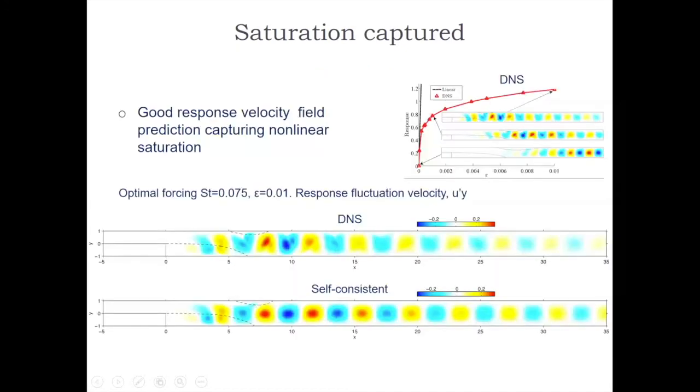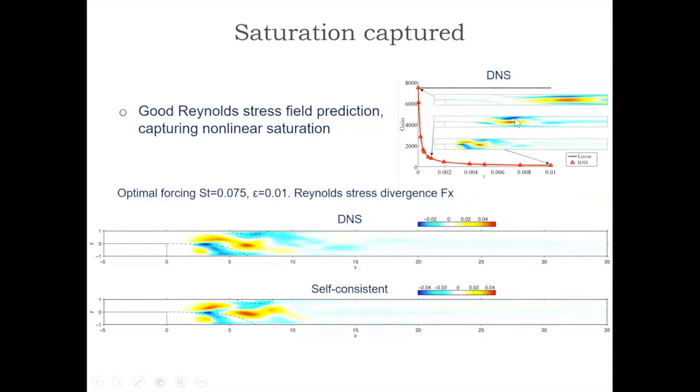Good, the mechanism is still the same. As the response migrates upstream, it creates Reynolds stresses, which also migrate upstream. We see them here. Those Reynolds stresses, which compare extremely well with the DNS, are responsible for the shrinking of the recirculation region, for the shortening of the intense shear layer, for its widening, and for all these reasons, the instability becomes less and less.